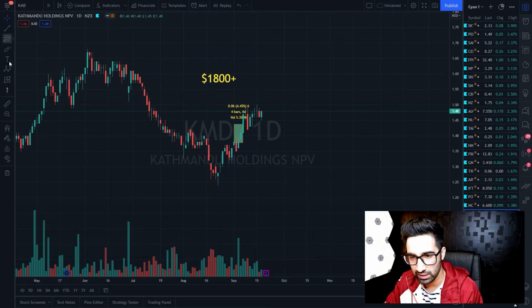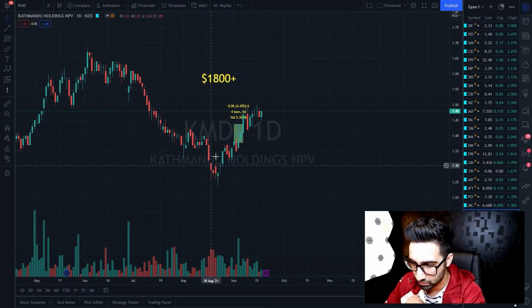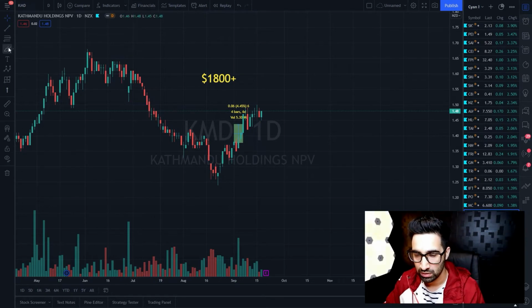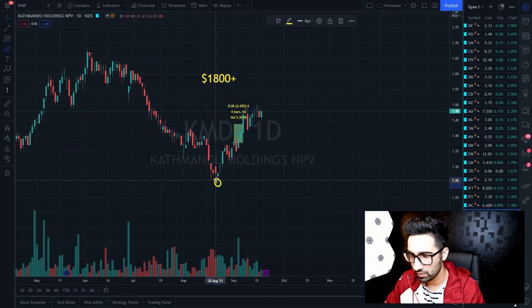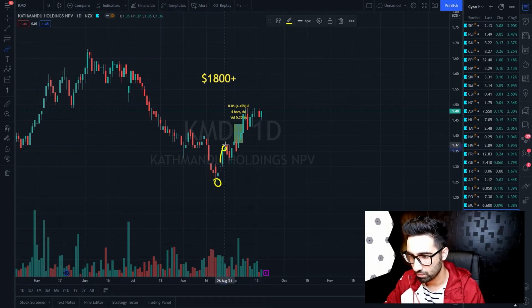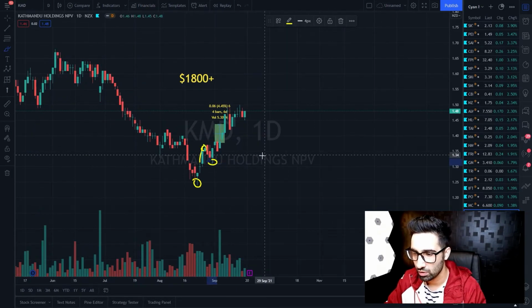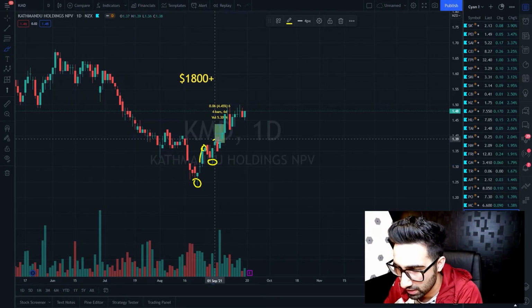And then basically, as it started to go up, I was looking for a higher low. So here we saw a low, then we saw some upwards momentum, and then we saw it develop a high here, and then here we saw the higher low. Then over here, what I noticed was the higher high starting to form.